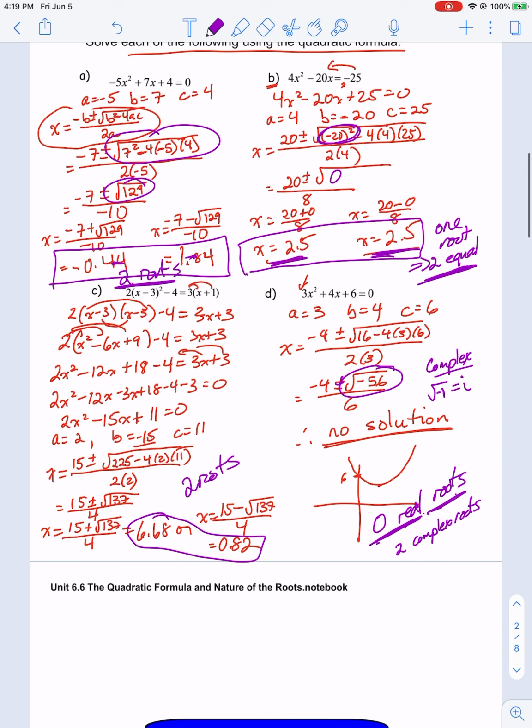This one here ended up to be the square root of 137. And we ended up with two roots. This one, however, ended up to be the square root of 0. And we ended up with one root. And then this last question ended up being the square root of a negative value. And we ended up with 0 real roots.